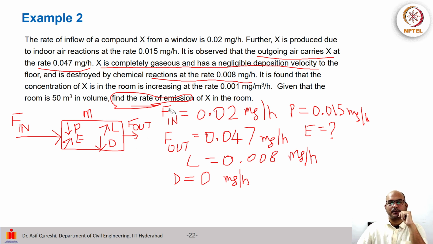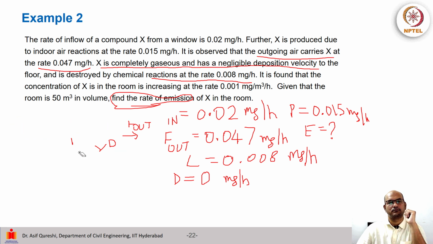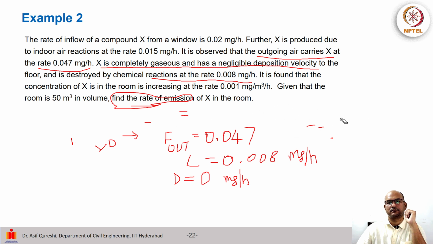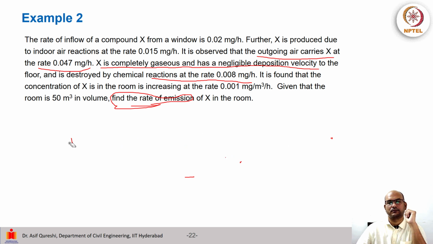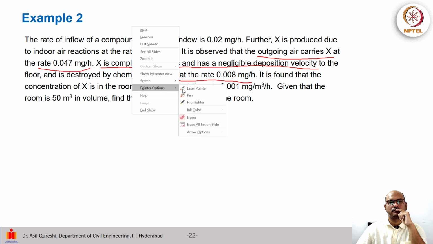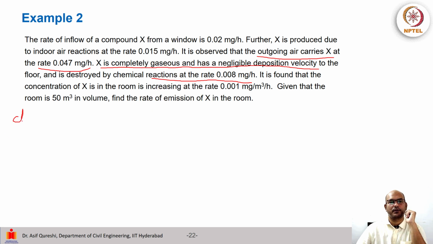Now let us set up the mass balance equation and see what the knowns and the unknowns are. dm by dt is equal to E plus P plus F in minus L minus D minus F out.